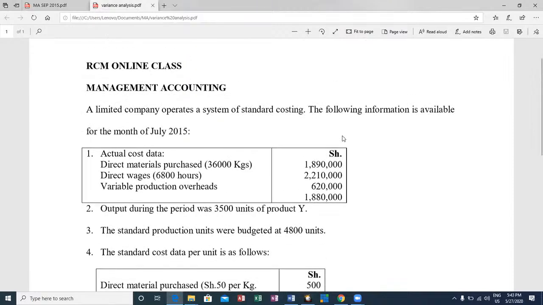The negative will be taken care of by the word adverse. So 90,000 adverse. There is a student who is saying that my question has another problem. We shall be reaching there, don't worry. So for the material price variance, first of all, I would want to know whether we are together, whether we all got this answer.